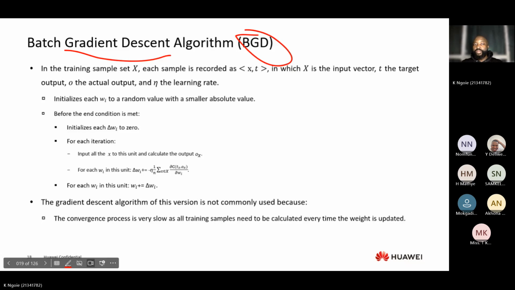Anyone remember? Anyone? And does anyone remember what's the difference between this gradient descent?